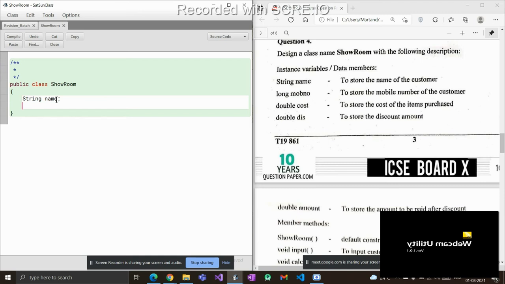Okay, it says long mob no, you will write it the same way. It says double cost, then it says double dis, and it says double amount. So which year's paper is this? It's 2019. Okay.